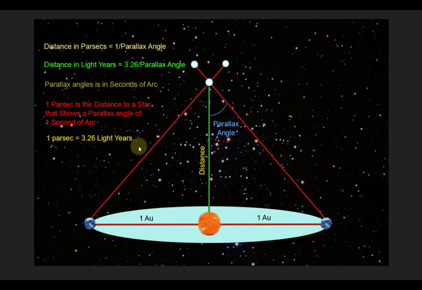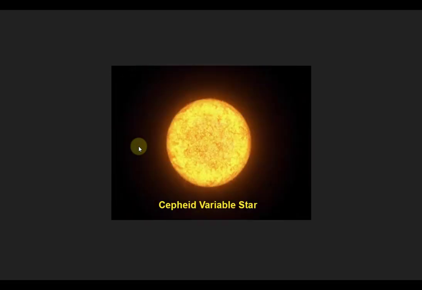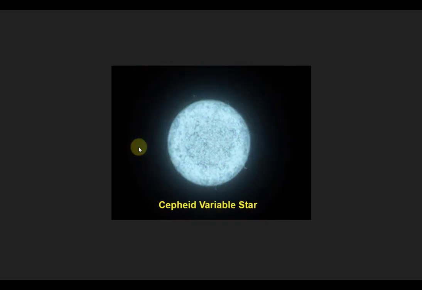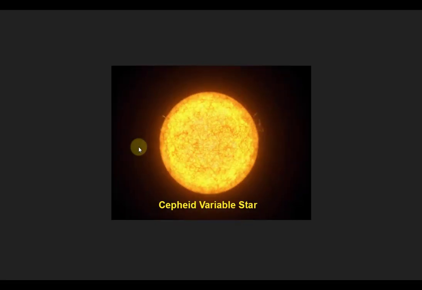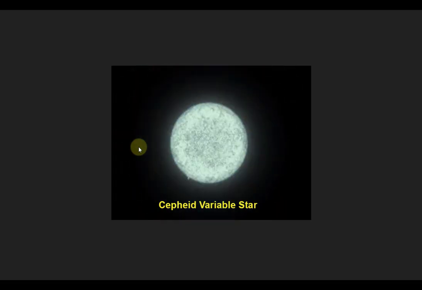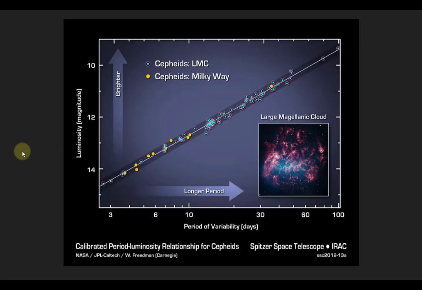Once we have their distance and their brightness, now we can use that information to find the luminosity of the object. One of the standard candles is called a Cepheid variable star. The Cepheid variable star changes its light every several days or several weeks. This variability tells us how luminous the star is, incredibly.